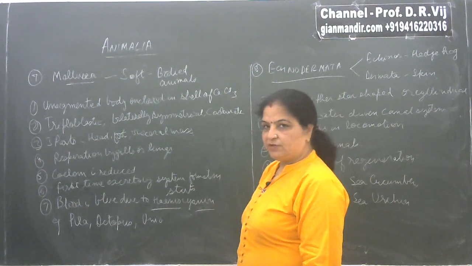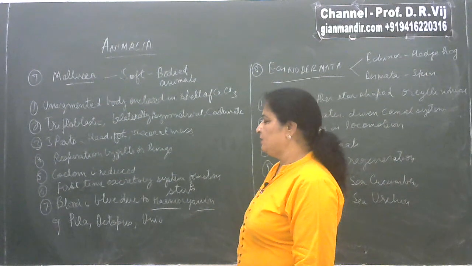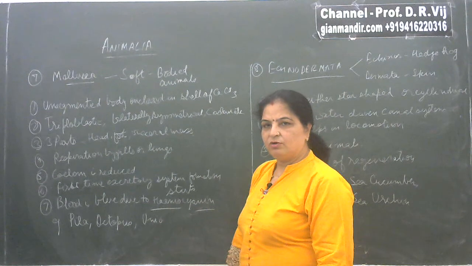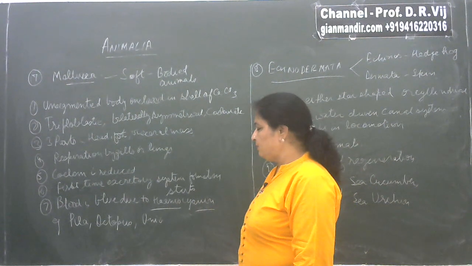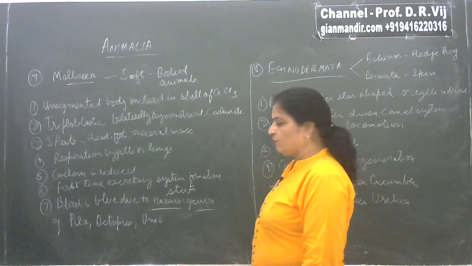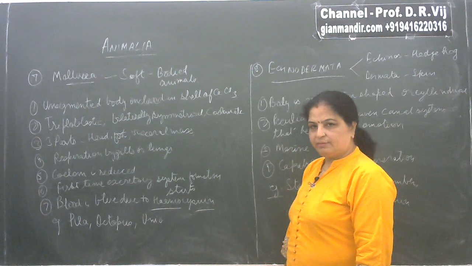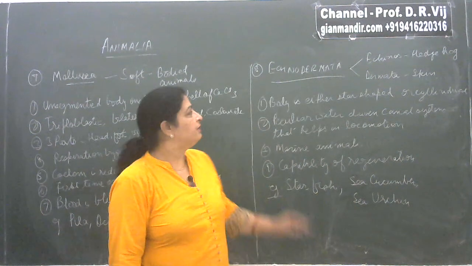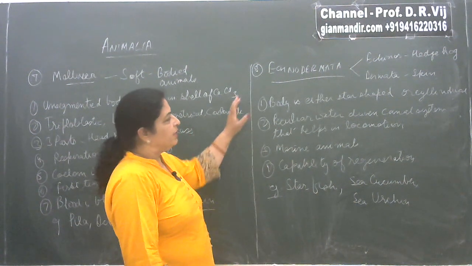And one more special feature here in case of Mollusca, that their blood is blue because they do not contain the pigment hemoglobin. On the other hand, they contain the pigment hemocyanin. For example, Pila, Octopus, Unio are the common examples of phylum Mollusca. Another phylum here is Echinodermata.